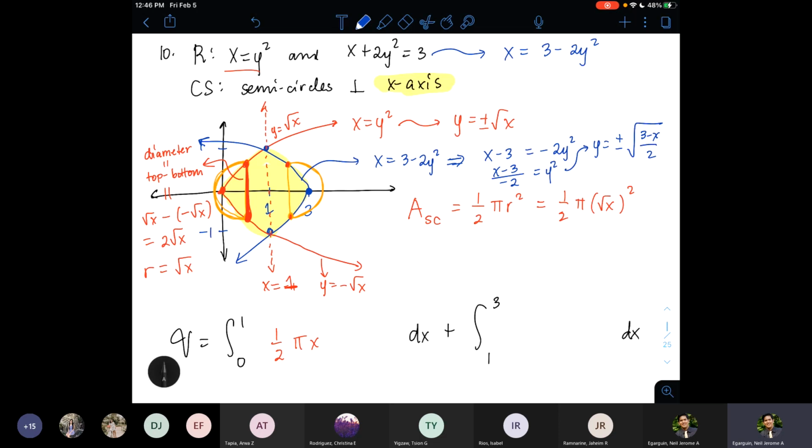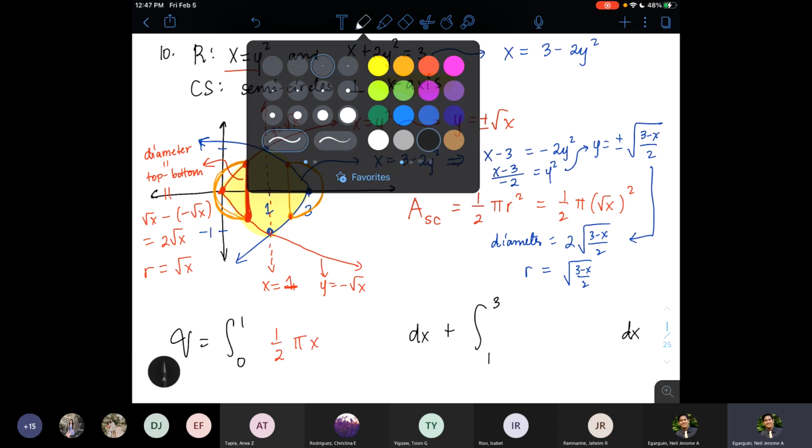You take the diameter. So the diameter for the blue curve is twice the root of (3 minus x) over 2, using the same principle as we used in the red curve. And we solve for the radius. The radius would be just half of the diameter, so it would be root of (3 minus x) over 2. Then plug that into the integral.